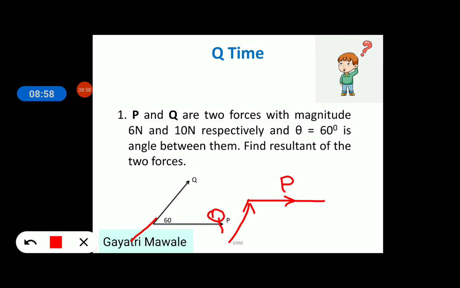Q force. Then closing side of this triangle will give me resultant taken in opposite order. This will be direction of resultant. If angle between P and Q given is 60 degree, then this angle between P and Q must be 120.